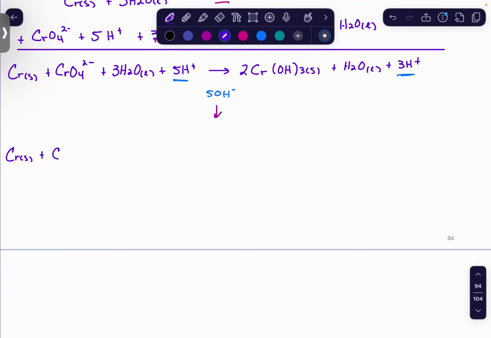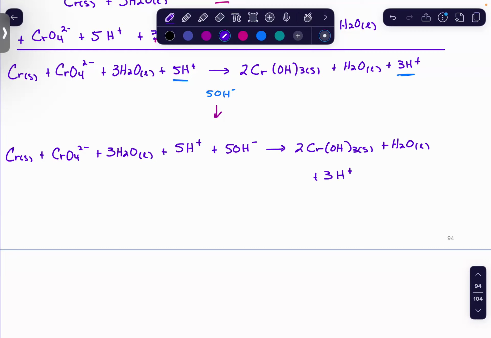Chromium, chromate, waters, protons, hydroxides, chromium hydroxide, water, protons, and hydroxides. 5 protons and 5 hydroxides is going to give 5 waters.